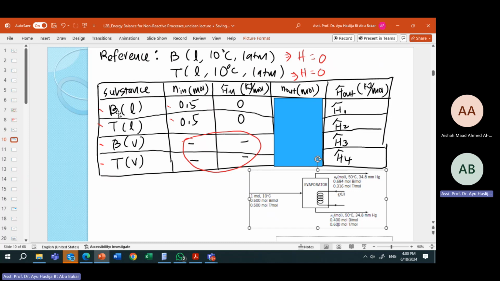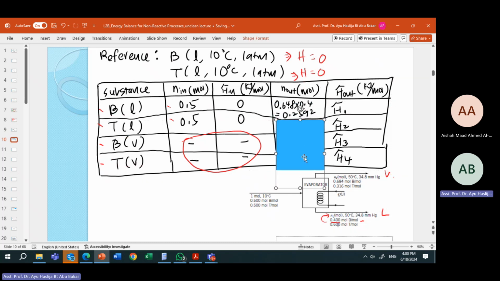Okay, how do you calculate the n_B outlet for liquid benzene? From the figure over here, this is vapor, this is liquid. Okay, so for liquid benzene, this multiplied with your N_L.